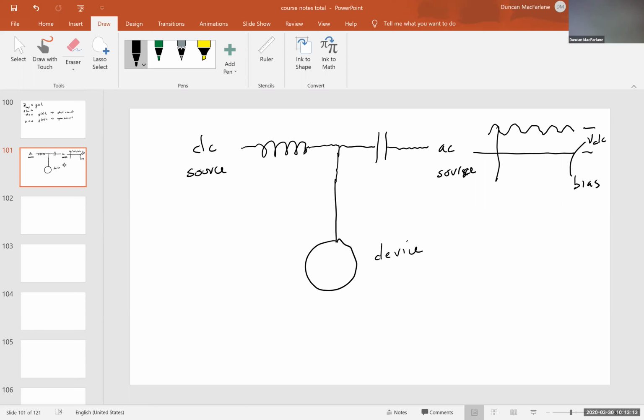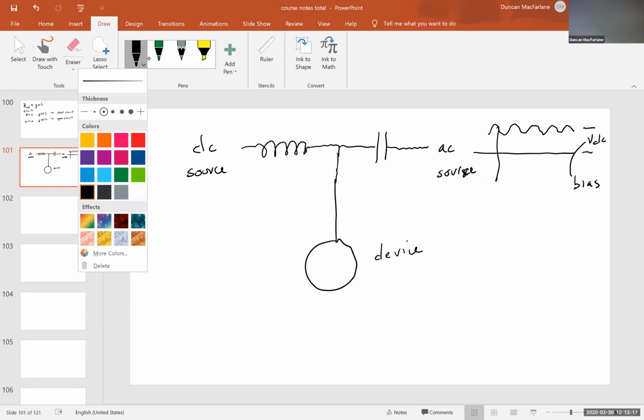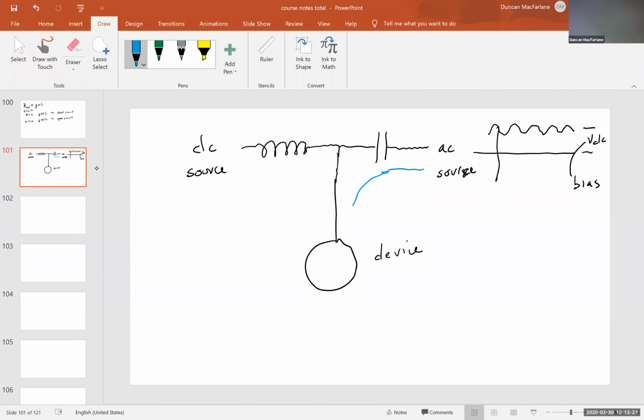And so at first blush, what will happen is for the AC signal, this will be like a short circuit. So the AC will happily get to the device.